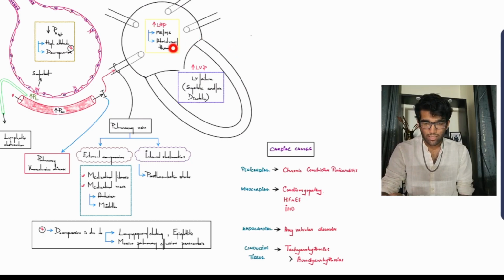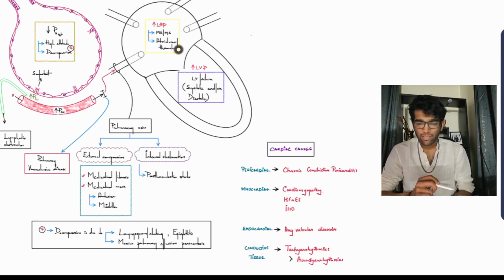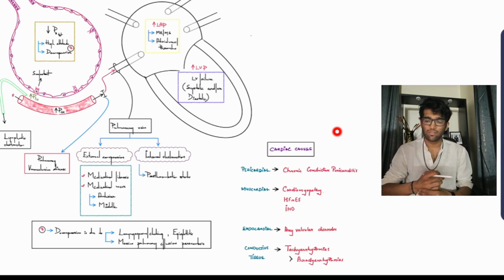But as you can see, the elevation in left atrial pressure, either primarily due to mitral regurgitation or mitral stenosis, or something occupying the volume of the left atrium, such as an atrial mass or thrombus, or secondarily due to back pressure from the left ventricle because of any of these cardiac causes, such as an abnormality in left ventricular dilatation, such as heart failure with preserved ejection fraction, any type of tachycardiomyopathy or bradycardiomyopathy, or fibrosis within the wall of the ventricle or outside of the ventricle, such as in chronic constrictive pericarditis.